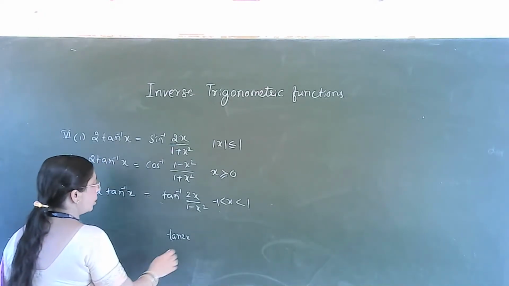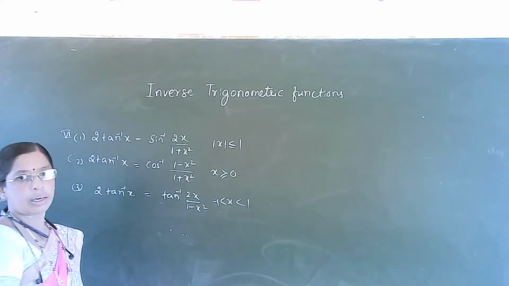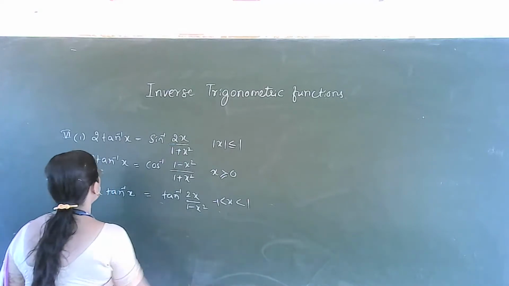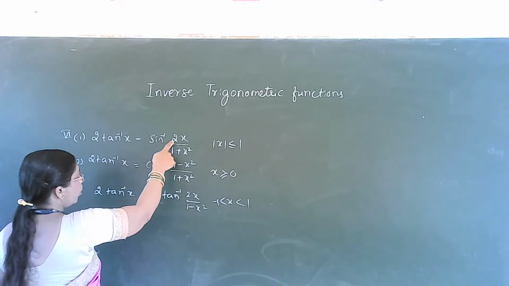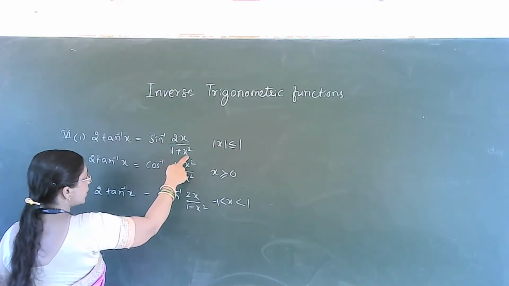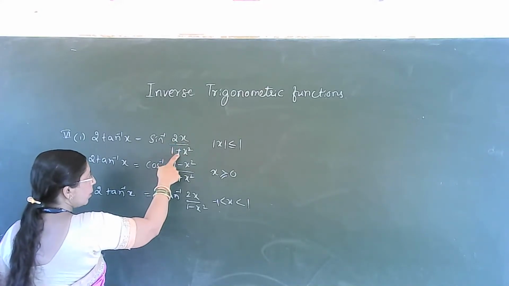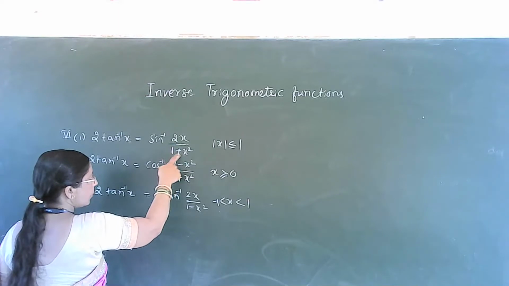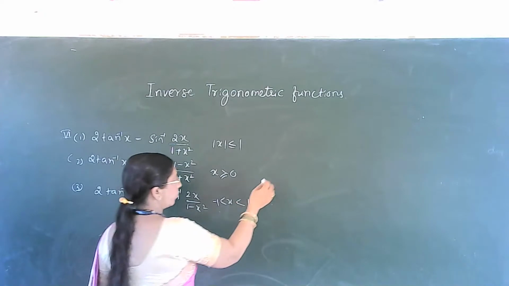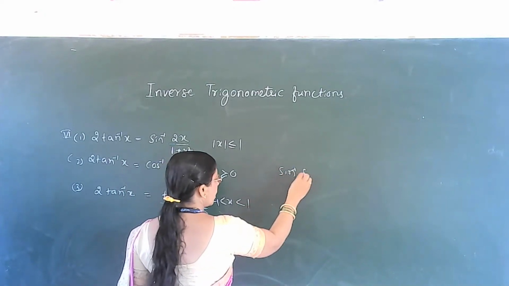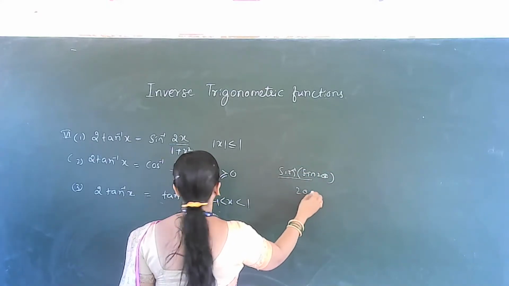Here we can write that as sin theta, but in sin inverse form it is already there. 2 tan inverse x is equal to sin inverse of 2x divided by 1 plus x square. Here put x equal to tan theta. Then 2 tan theta divided by 1 plus tan square theta is equal to sin 2 theta. Sin inverse of sin 2 theta, therefore sin inverse and sin cancel, gives 2 theta.